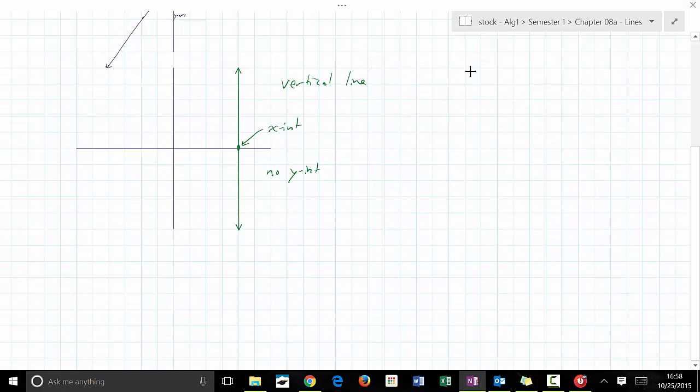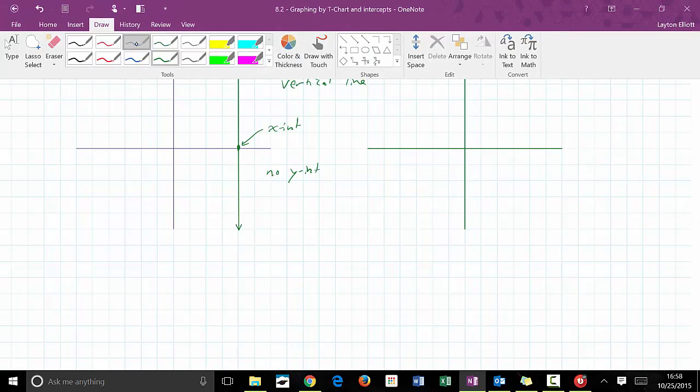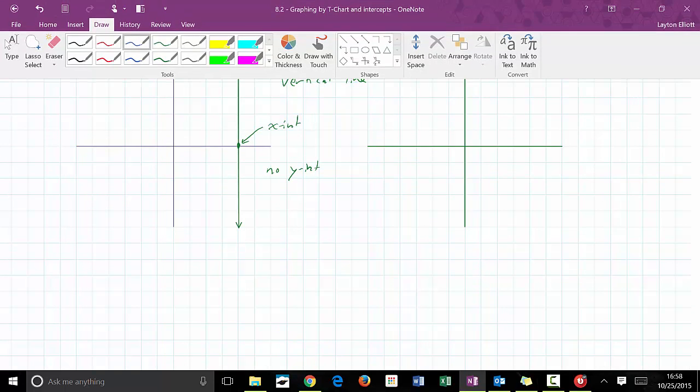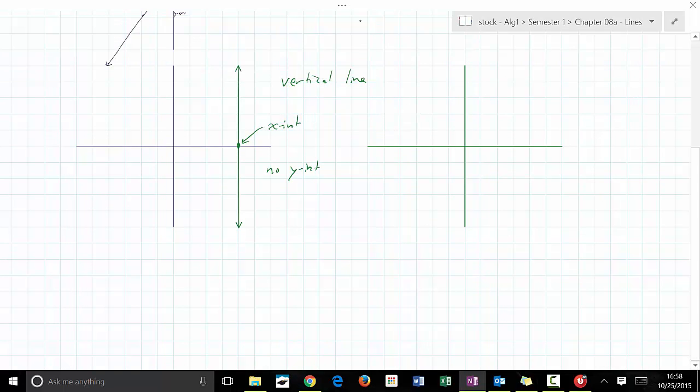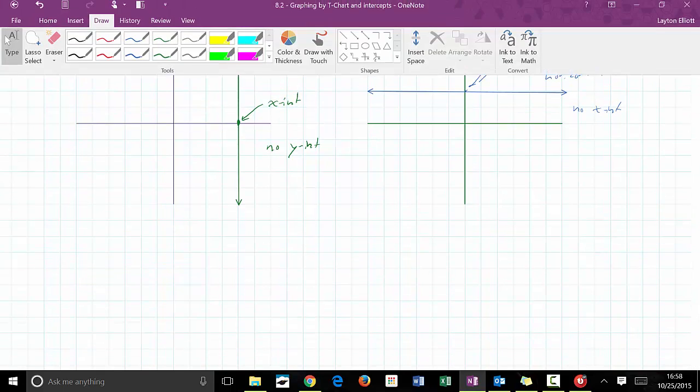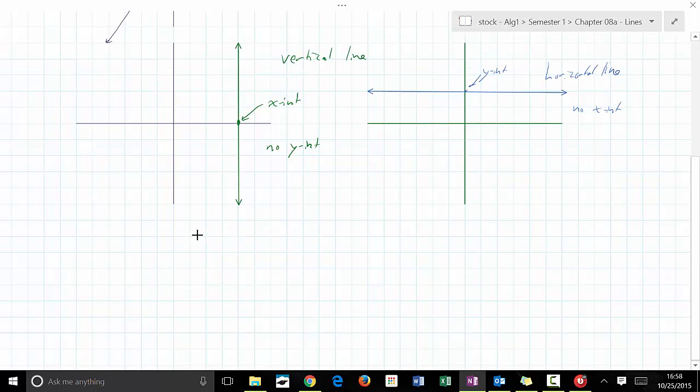Likewise, a horizontal line is very similar from the other perspective. If I graph a horizontal line, let me just put one line like that. This is a horizontal line, and it has a y-intercept here, but it has no x-intercept. But the majority of lines that we're going to deal with have both x and y-intercepts.